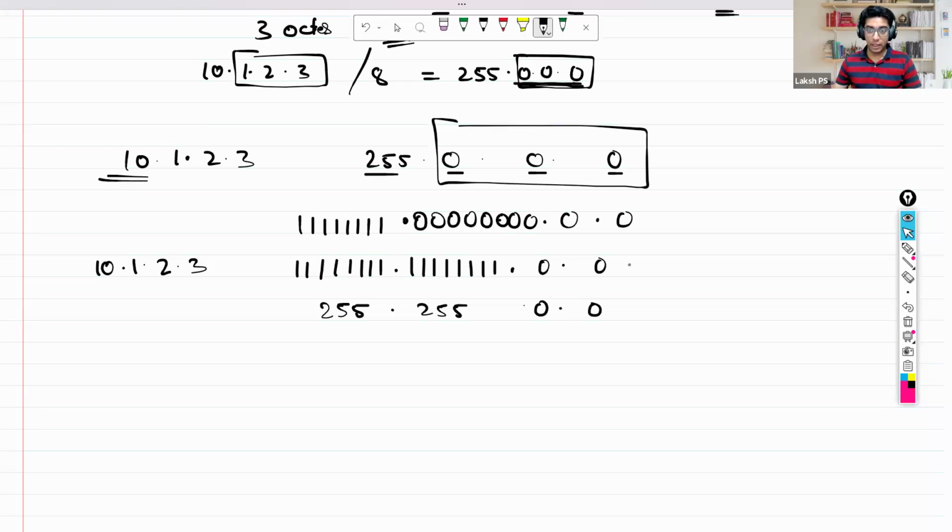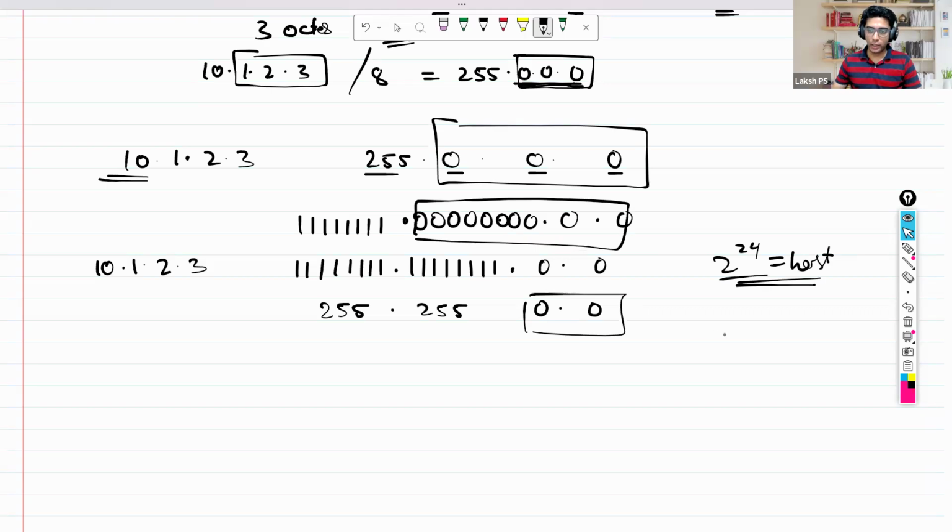Now, previously I had 2 power 24 hosts, and now I only have 2 power 16 hosts.